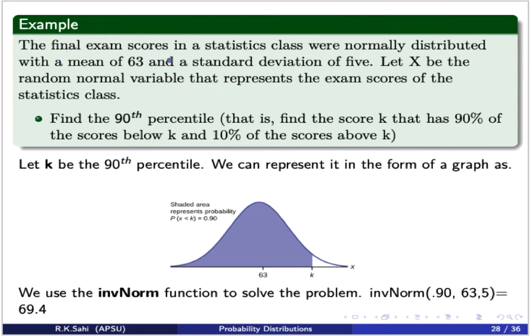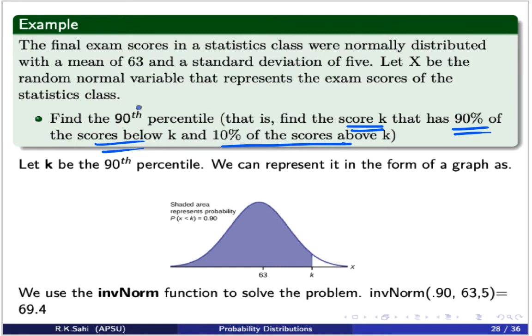It says the final exam scores in a statistics class is normally distributed with the mean of 63 and standard deviation, and x is a normal variable which represents the exam scores. The question is find the 90th percentile. What simply it means is find the score K which has 90% of the scores below K and 10% of the scores above K.